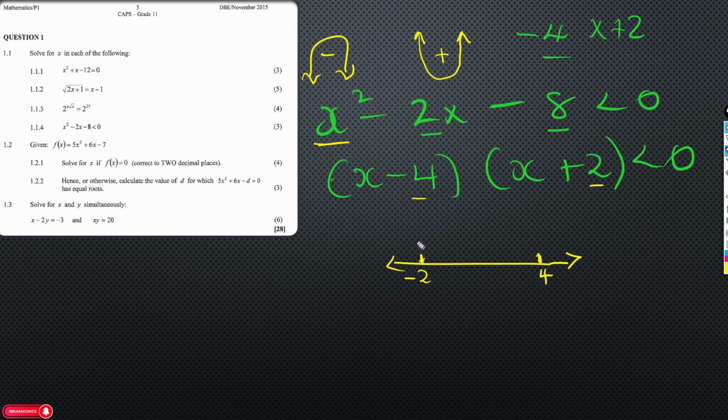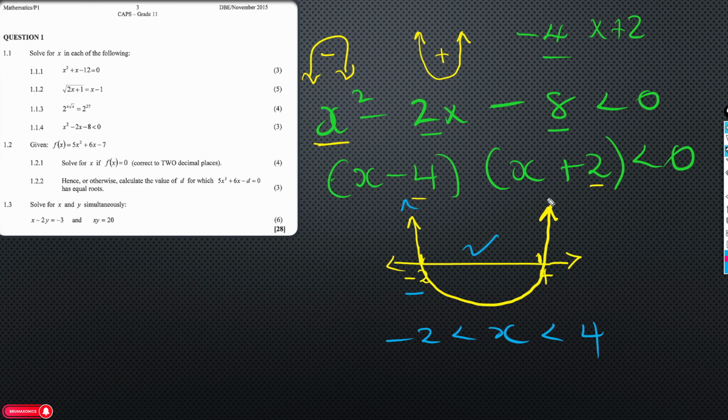So the graph here will increment as follows. This shows that you understand what you are doing, and then you might actually get an award on that. So the final answer here, we're starting from negative 2: negative 2 less than x and then less than 4. That's the answer that they were looking for.